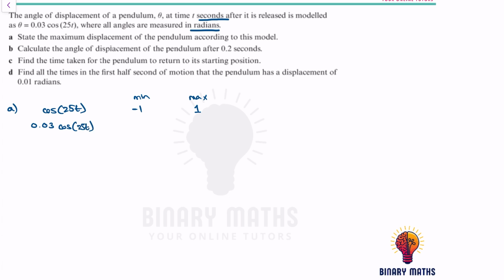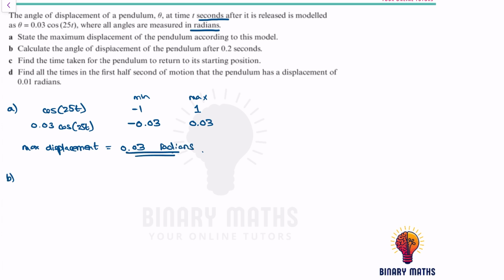It's a vertical stretch by 0.03, so the minimum now would be -0.03 and the maximum 0.03. So this is the answer we're looking at. A maximum displacement is equal to 0.03 radians, because it's measured in radians.